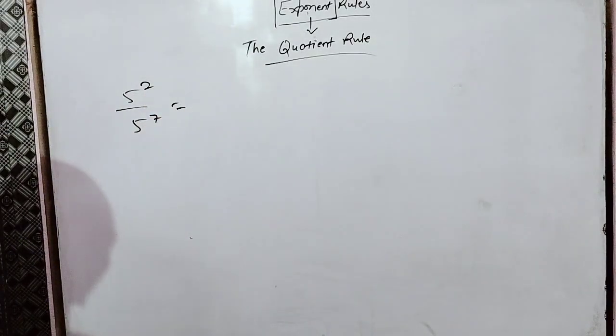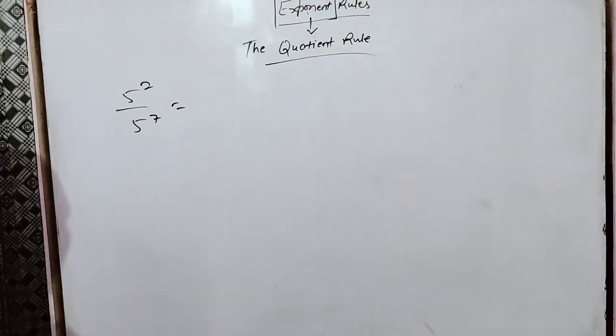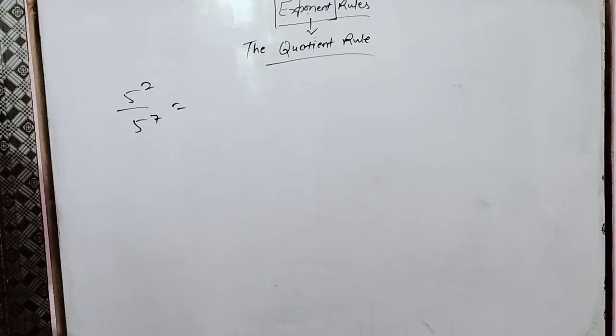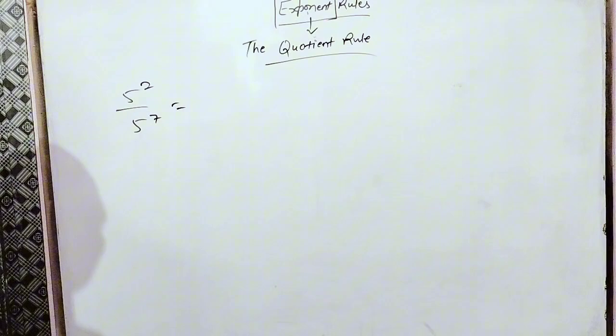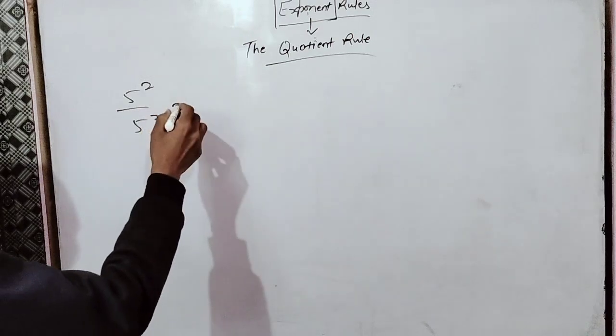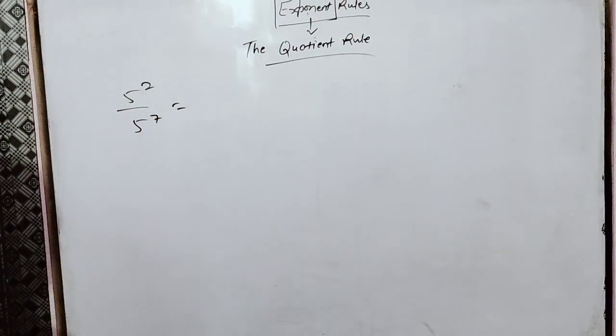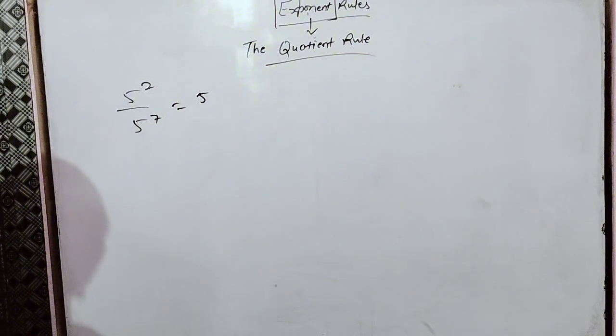So here, try to understand. The base is the same. Exponents are different or the same, it doesn't matter, but the base should be the same. Now the base is the same, we will write it 1 time.